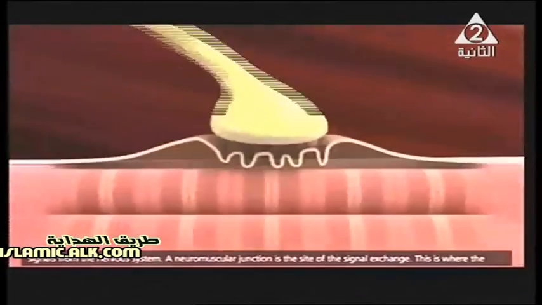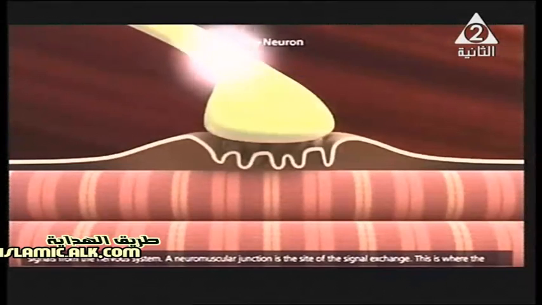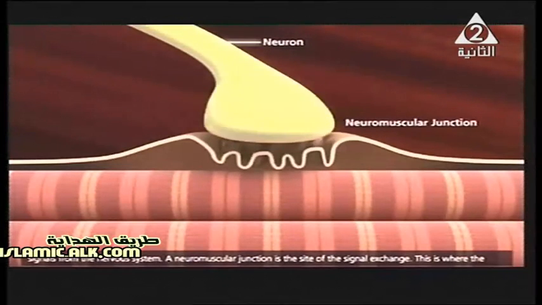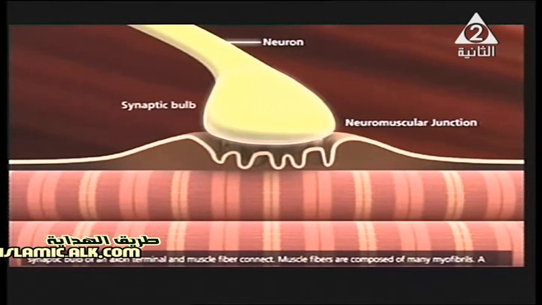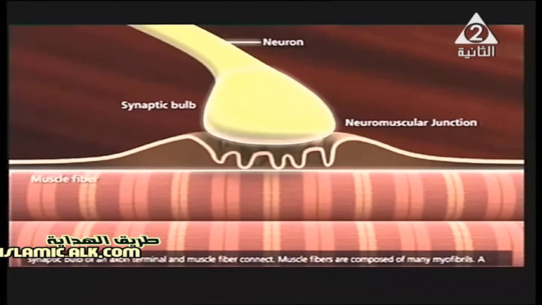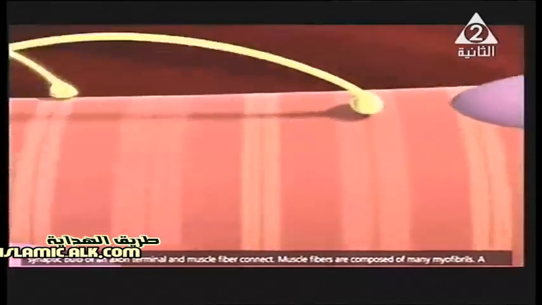Well, we said when the neurotransmitter or the nerve impulse reaches the muscle fiber, what's happening inside it? We need to know the reason of contraction and relaxation.